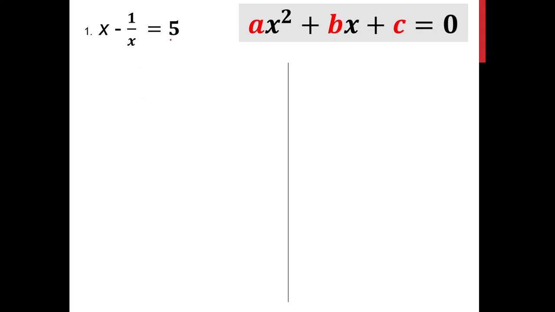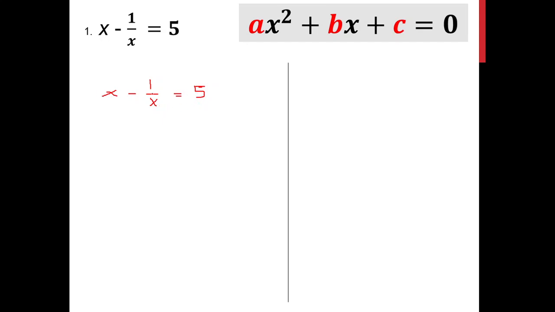So I'll just rewrite the equation again: x minus 1 over x equals 5. Now, we need to find a way to eliminate this x so that there will be no fraction in our equation.